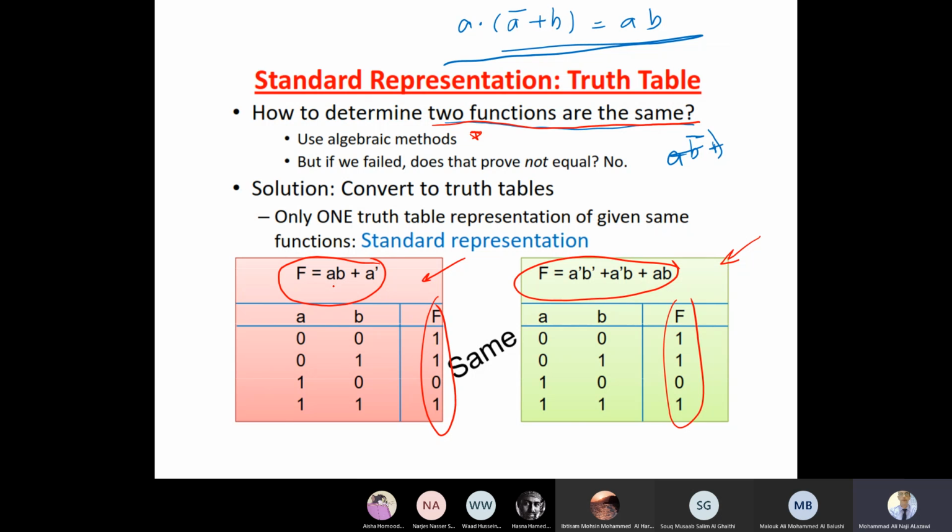How many gates? Here I need an AND gate and an OR gate, 2 gates. Okay. While here 1, 2, 3, 4 gates. Okay, usually we measure the efficiency of your design by the number of gates. If the number of gates is less, then the design is better.